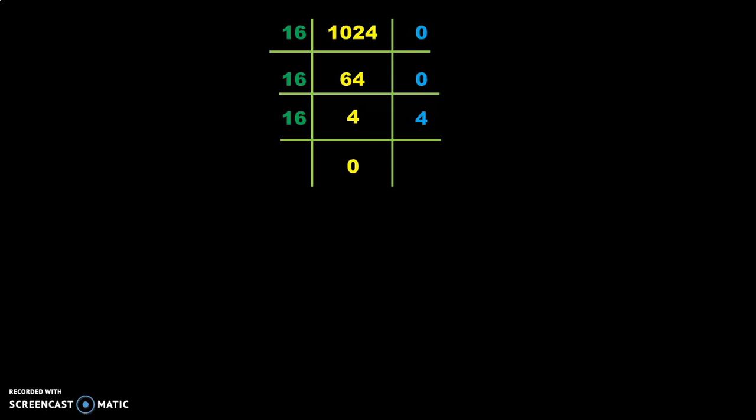So we have completed our process of repeated division at this stage, and we have the least significant bit and the most significant bit, and we write from least significant bit to most significant bit.